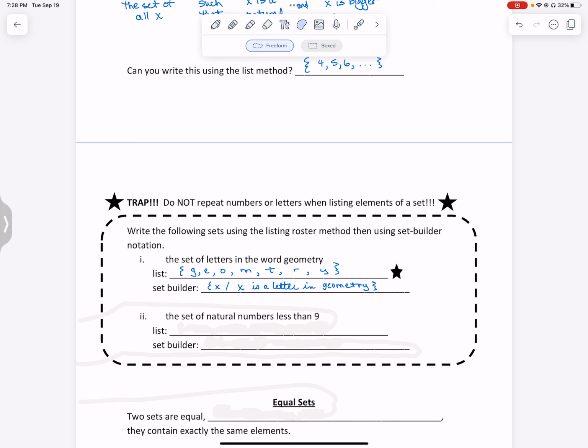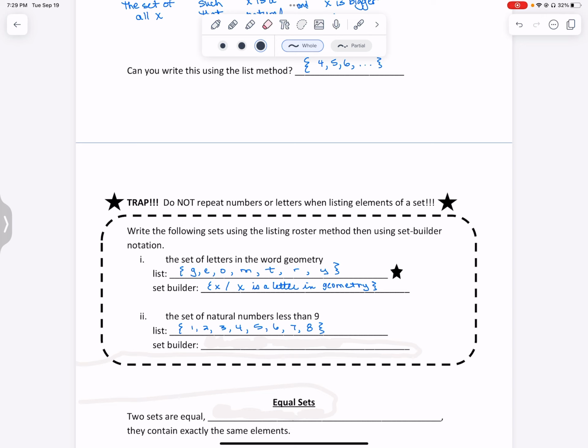The set of all x such that, and then I just wrote out x as a letter in geometry. Okay. So here's another one. The set of all natural numbers. Remember, natural numbers are numbers we naturally count with. So 1, 2, 3, 4, 5, 6, 7. But it has to be less than 9. So it's going to start with 1 and it goes up to 8 because it's got to be less than 9, right?